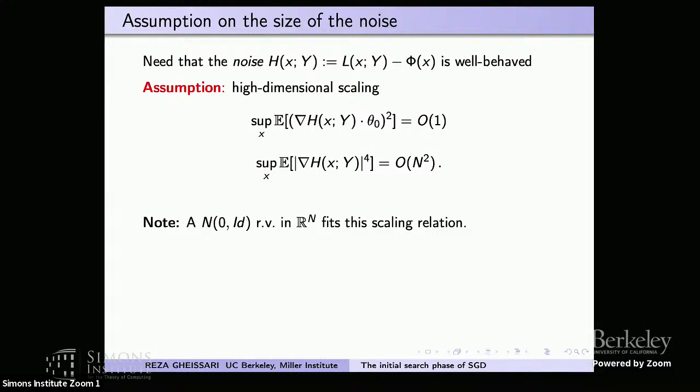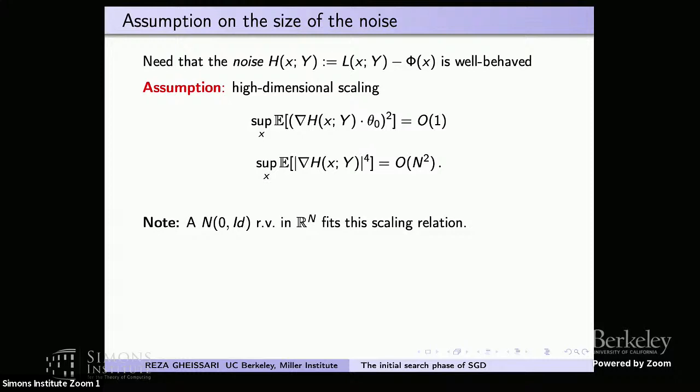In this case, we're thinking about, for instance, the projection in the direction of theta naught being order 1, whereas the norm of the gradient itself being order root n typically. So in particular, a Gaussian vector in R^n fits this scaling relation.